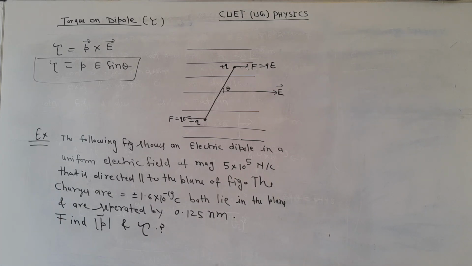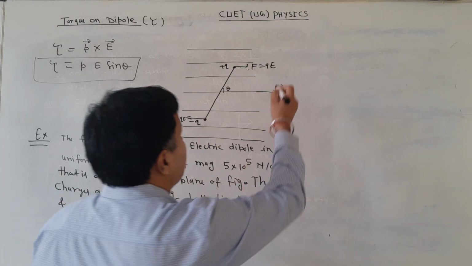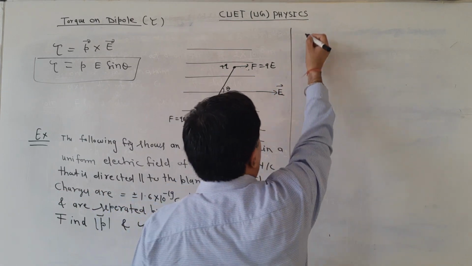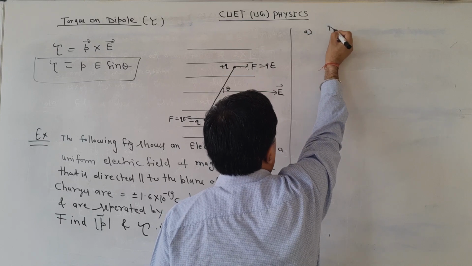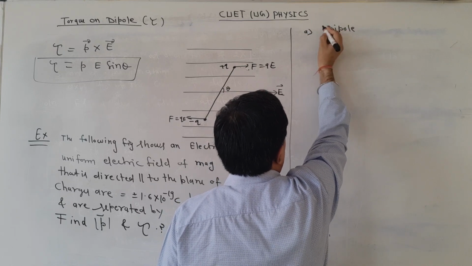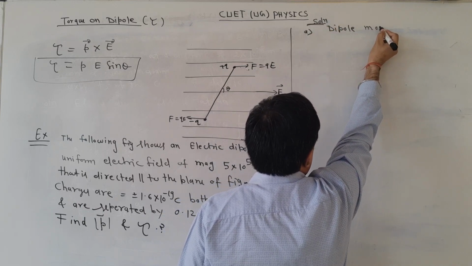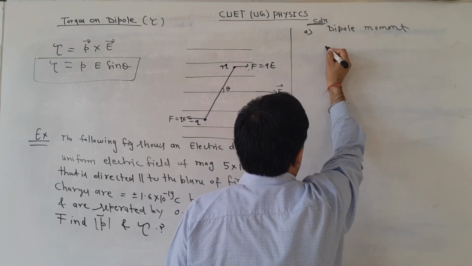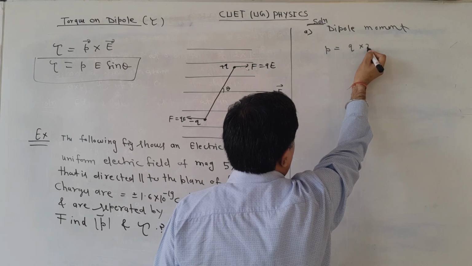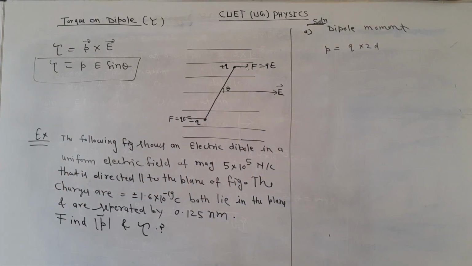So we have information about the electric field. First we have to calculate the dipole moment. Let me write the solution. We know the dipole moment P is the charge into the separation distance.